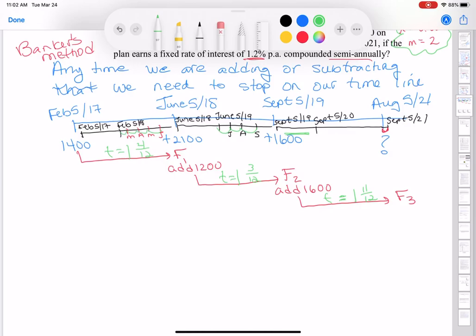All right, so now we have all of the information that we need for our calculations. So we're starting with future value 1. And again, we know that we're using this formula.